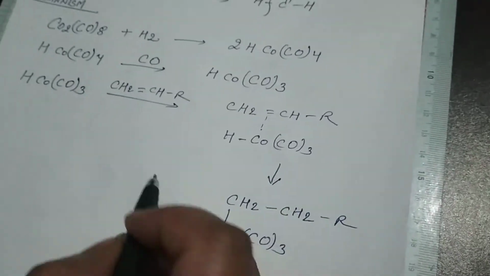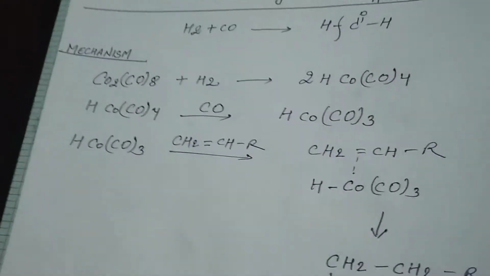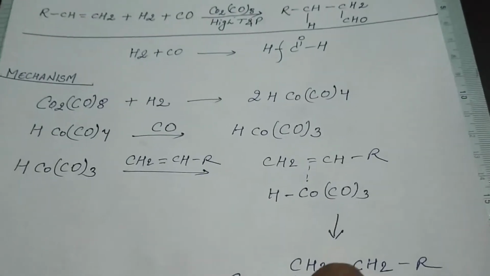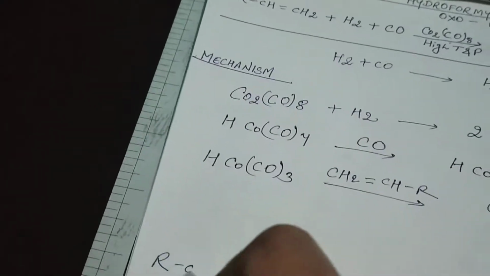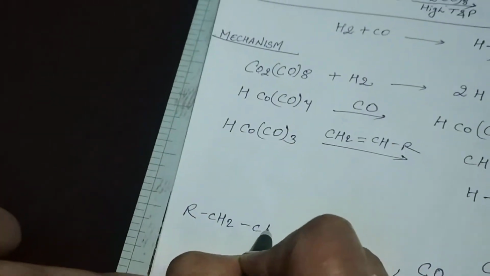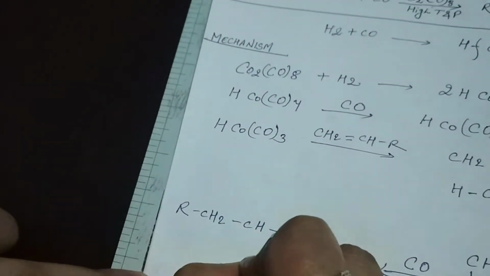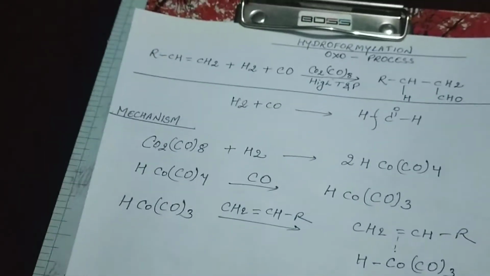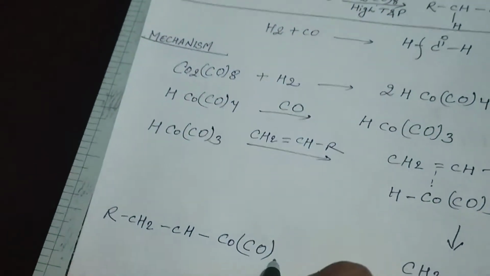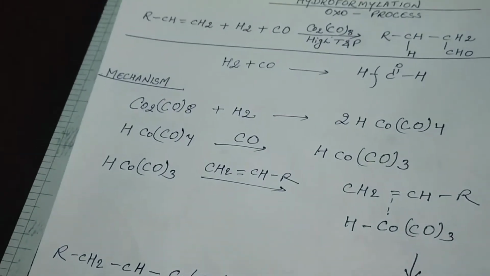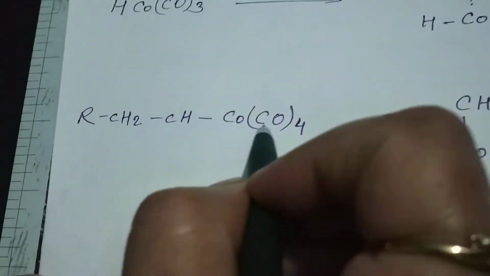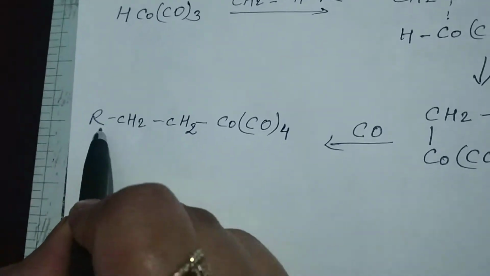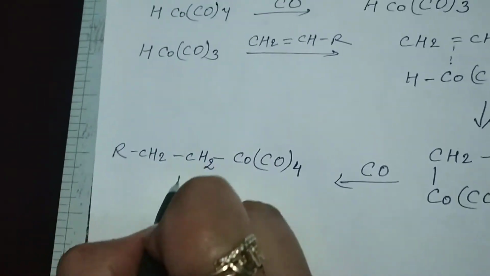This alkyl derivative of cobalt accepts one CO molecule, forming this unsaturated species. Here it will be 4. Now one CO molecule will be inserted between this alkyl group and this cobalt species.